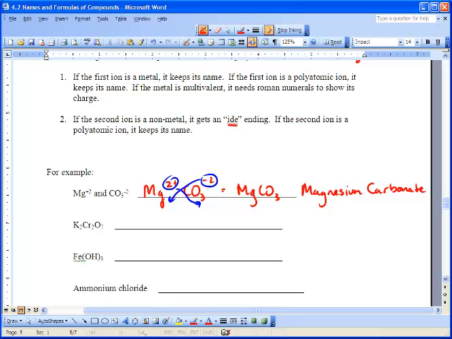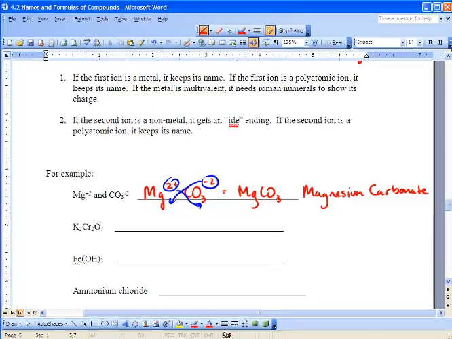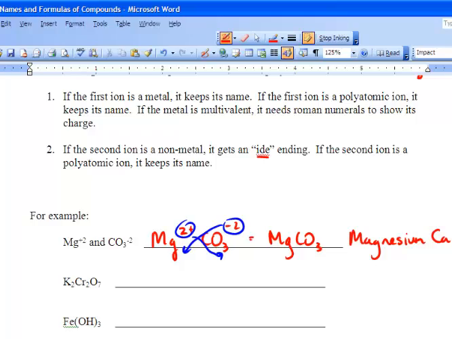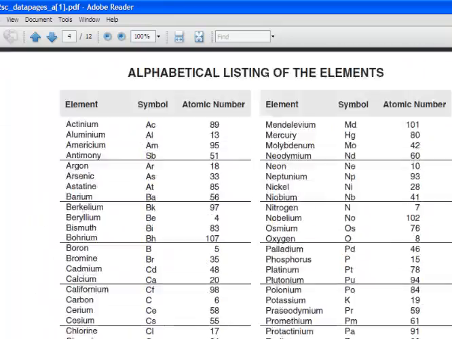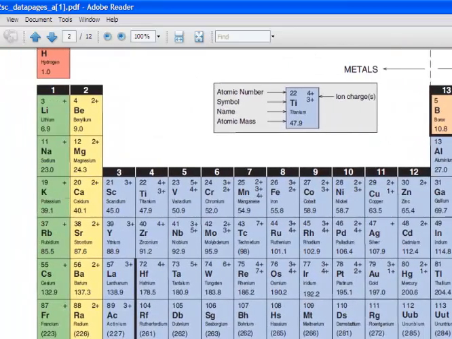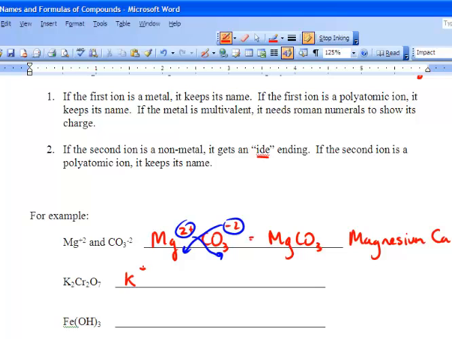So next we've got K2Cr2O7. Well, if we look on this sheet, we've got Cr2O7 is dichromate. So what we're going to do is we're going to find our charge. So we had K, and if we look on our periodic table of elements, we've got potassium over here, is a plus. So we're going to get K plus and Cr2O7 with a 2 minus.